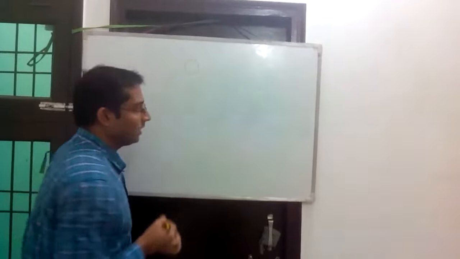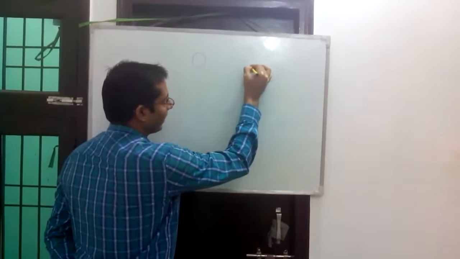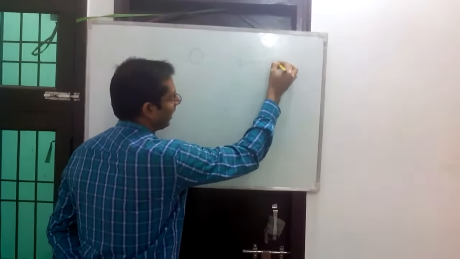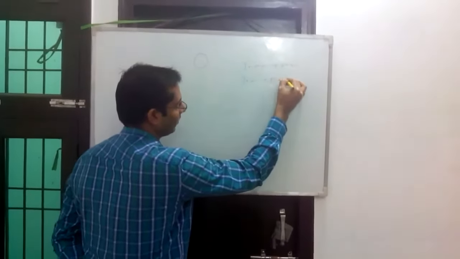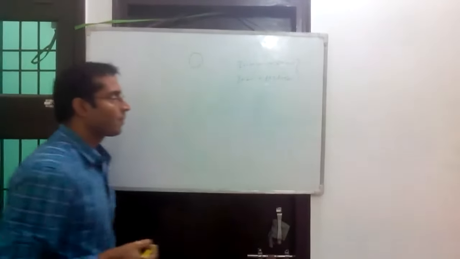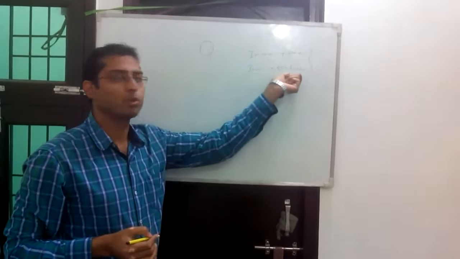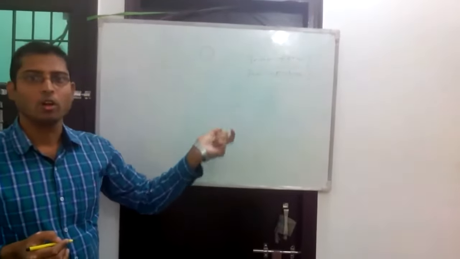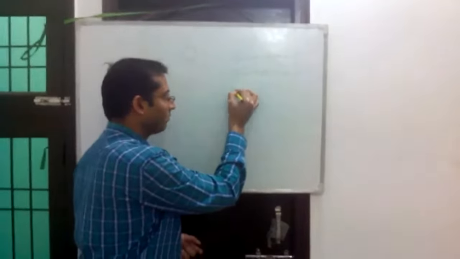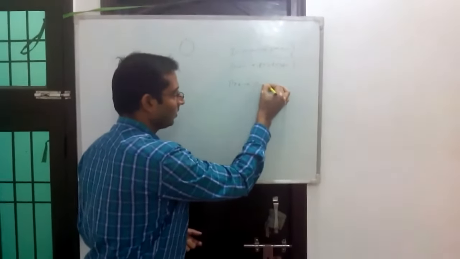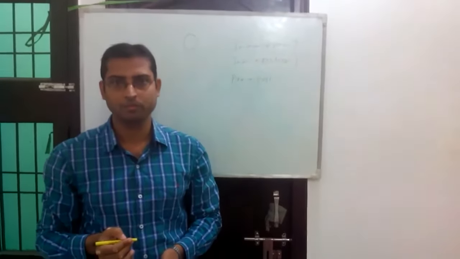So the question is, when we have in-order and pre-order, or in-order plus post-order sequences, this will always give a unique tree. Then we have post-order and pre-order, which may or may not give a unique tree.